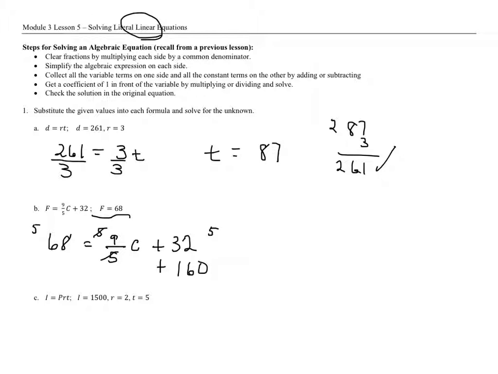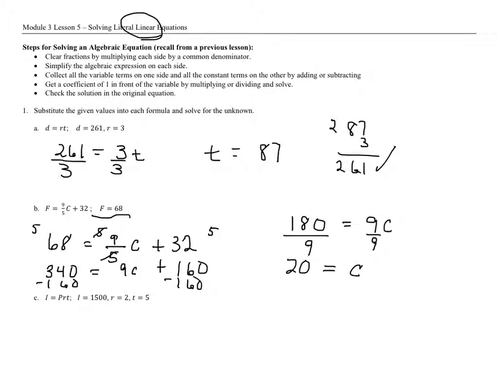The 5's will cancel here, and I get 9c. And then 68 times 5 is 340. Now I'm going to subtract 160 from both sides. So I will get 180 is equal to 9c. I'm going to divide by 9. So c is equal to 20 degrees Celsius.